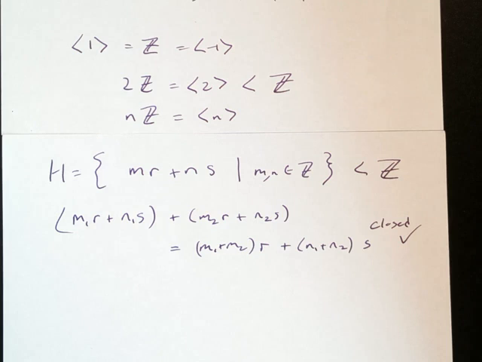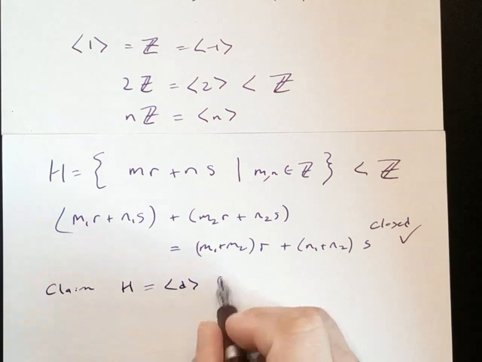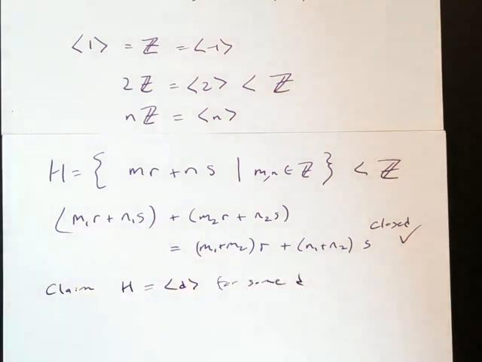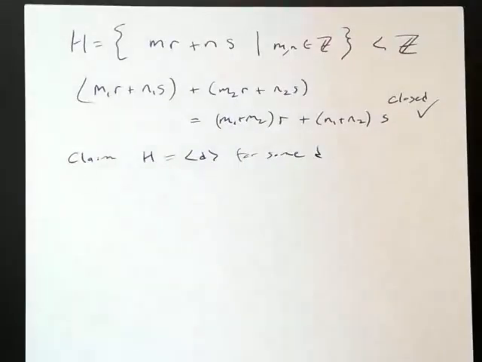If it's a subgroup, it's got to have a generator. Every subgroup of the integers must be cyclic. It's got to have a generator.